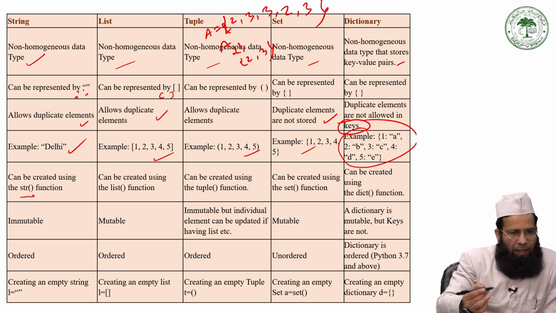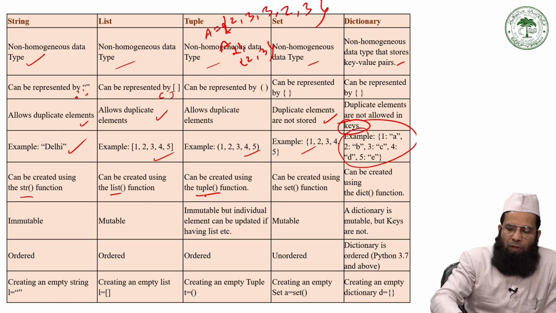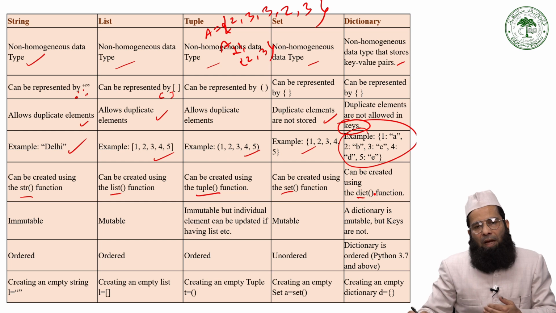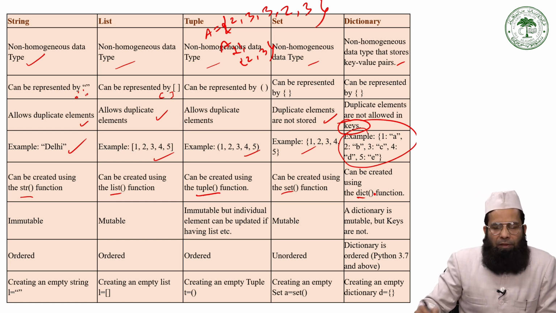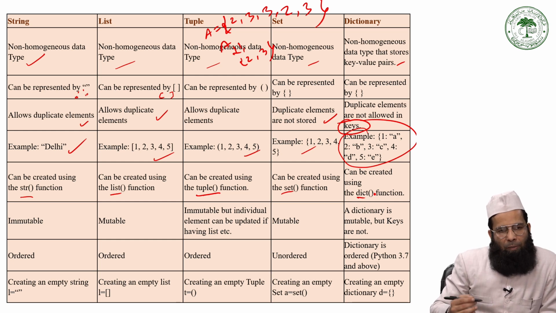A string can be created using the str function. For creating a list, we can also use list. Then we can use the tuple function to create a tuple, and similarly set and dictionary. Using this you can create the set and dictionary. And as far as mutability is concerned, string is immutable.